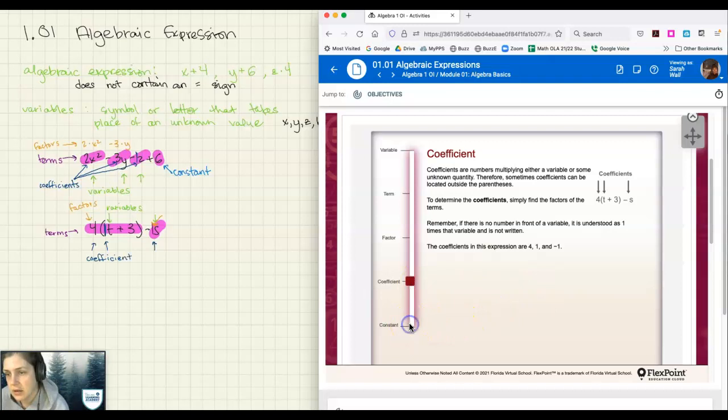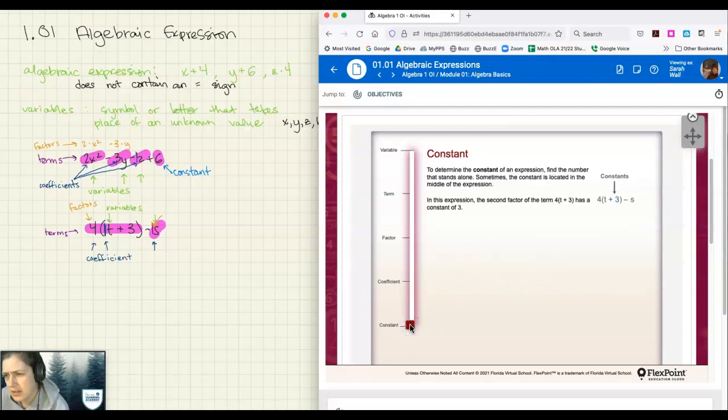And last, you have a constant. Do you have a constant in this? Oh, the 3 is a constant. Why is the 3 a constant? Because there's no variable attached to it. So even if you were to distribute your 4 out, your 3 would still remain a constant because it doesn't have a variable attached to it.